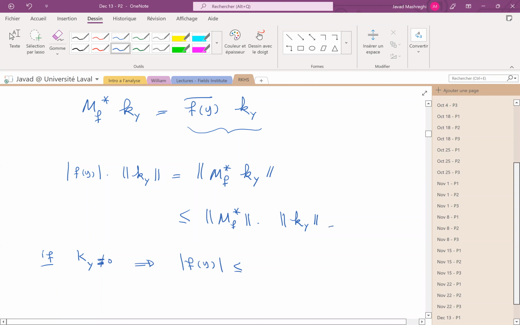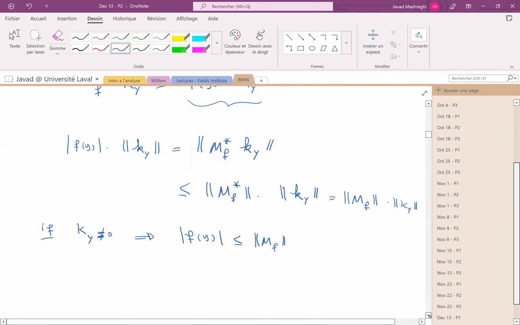And let me add one more thing. The norm of T star is equal to the norm of T. This is majorized by the norm of F. And this is also true if K_y is equal to 0, because in this case, F(y) is 0. So let me write it the way it's written in the book.